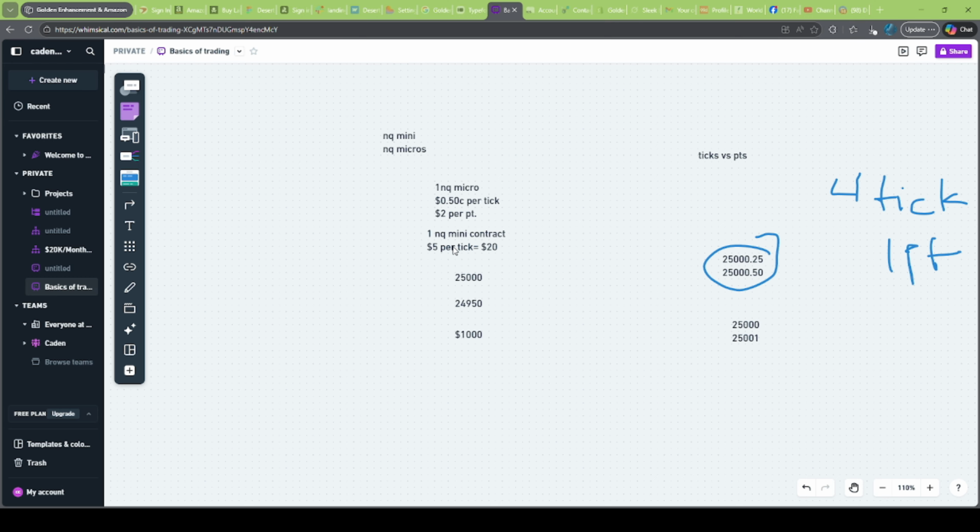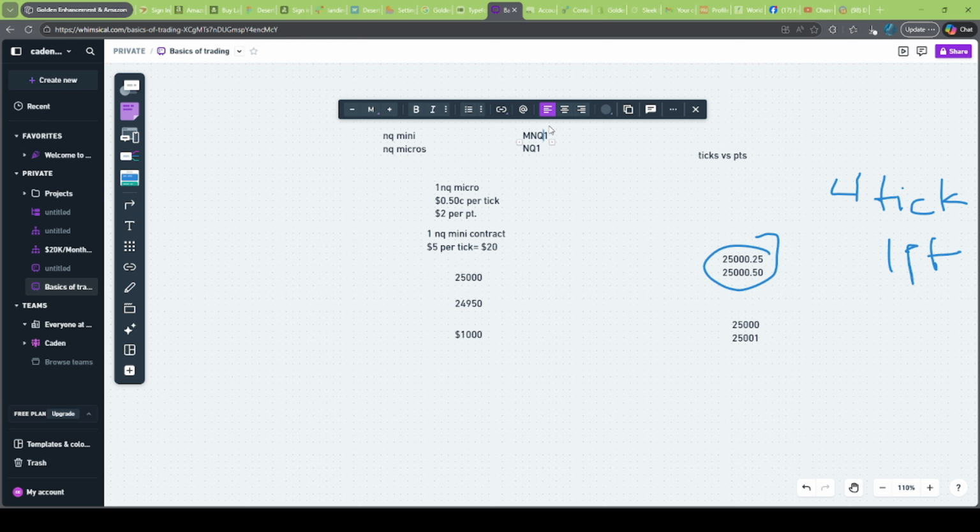Should be simple enough. Micros are a lot smaller than minis. Minis are about 10 times bigger. I do recommend for the newer people that are just learning the strategy to start out by trading on micros. And that ticker would be called MNQ1 instead of NQ1.